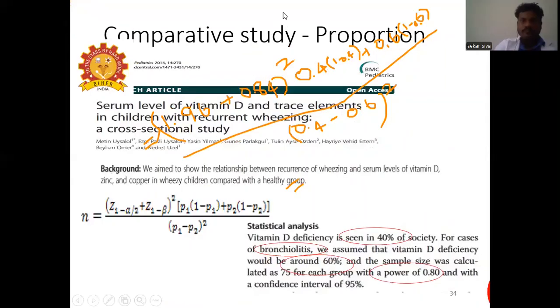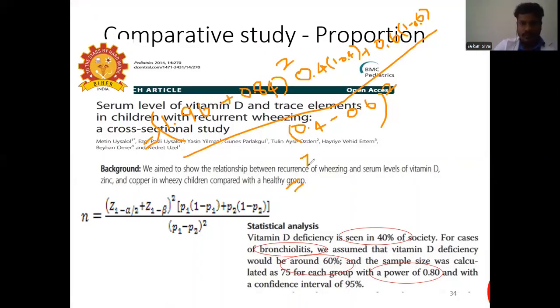So 1.96 plus 0.84 is 2.8, whose square is 7.84.